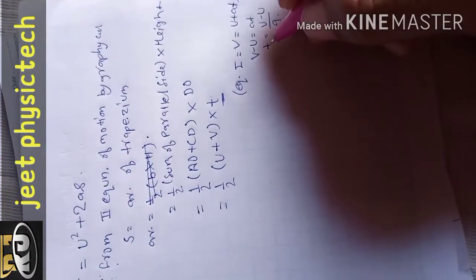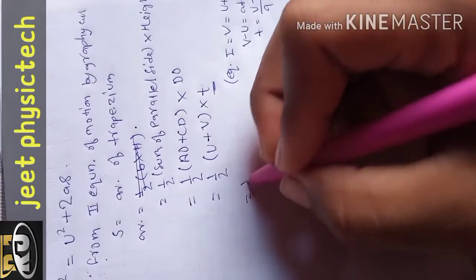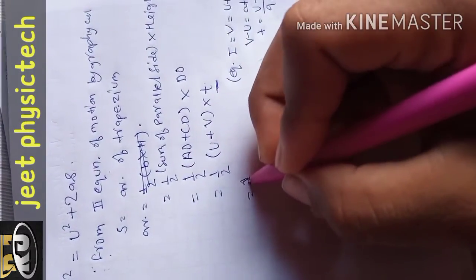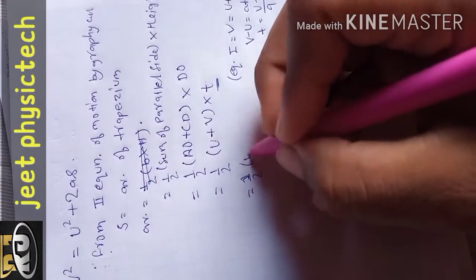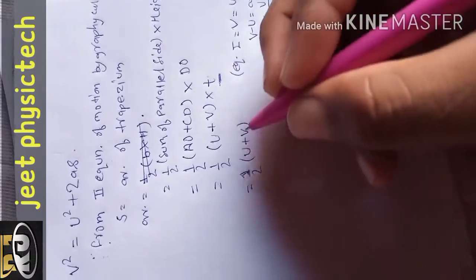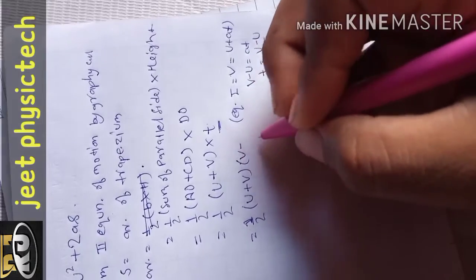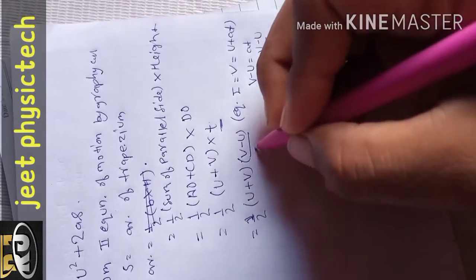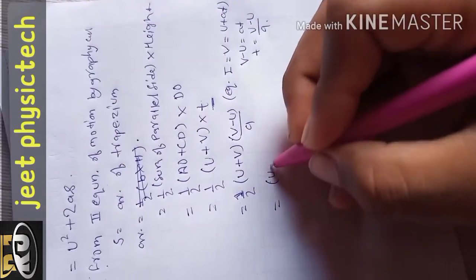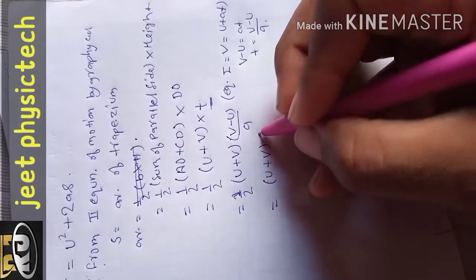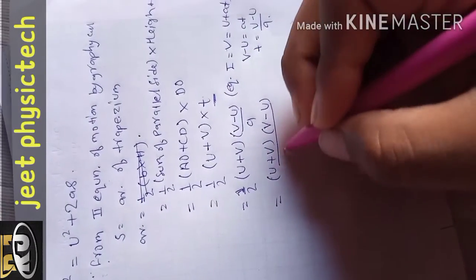Put this value in the equation: 1 by 2 (u plus v) into (v minus u) upon a, is equal to (u plus v)(v minus u) upon 2a.